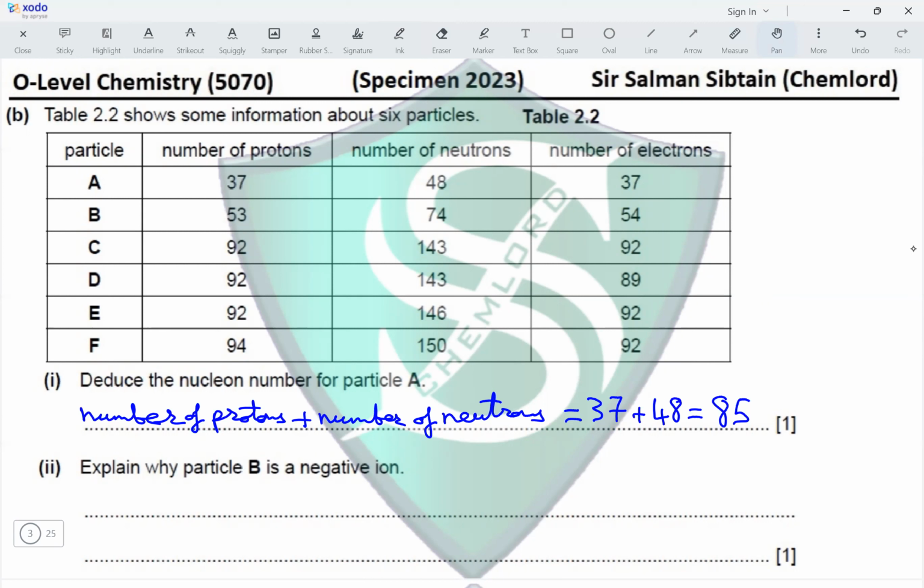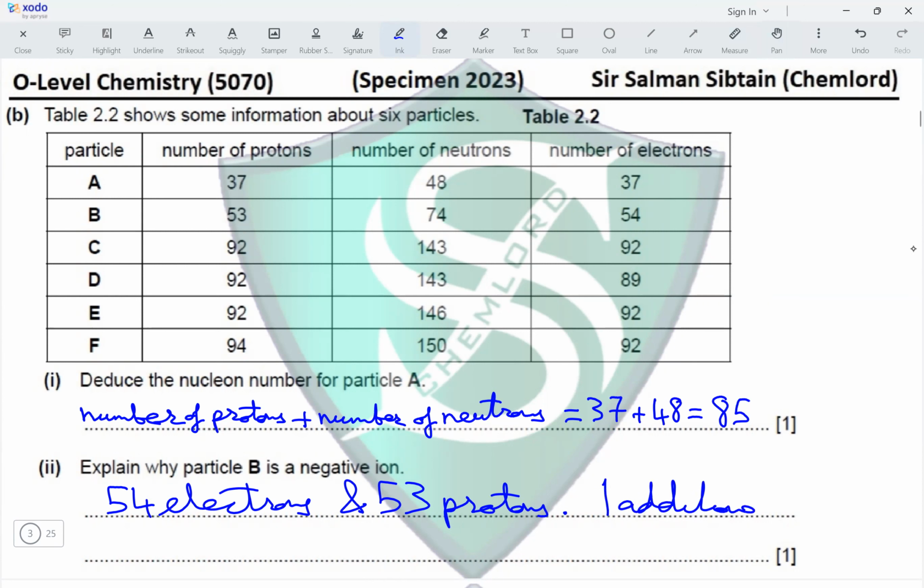So in the case of particle B, it has got 54 electrons and it has got 53 protons, which means it has one additional electron, making it an anion or a negative ion.